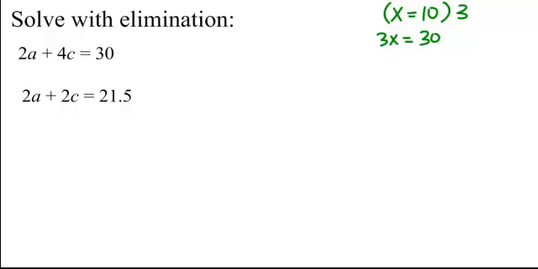And you get to choose what you want to eliminate, but 2a and 2a here and here would almost eliminate. The only thing that needs to happen is we need one of them to be negative. So let's take one of these equations and multiply it by negative 1. And it doesn't matter which equation we take. Let's do the bottom one.